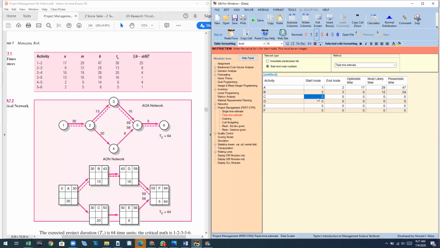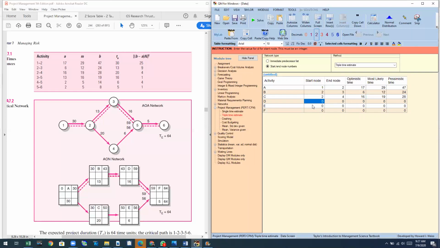Activity C, its starting node is 2, ending node is 4, optimistic time is 16, most likely time is 19, and pessimistic time is 28.